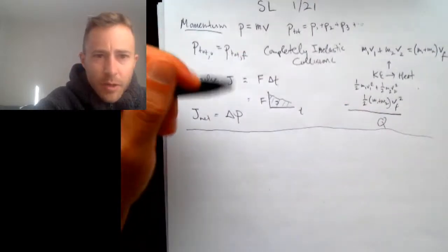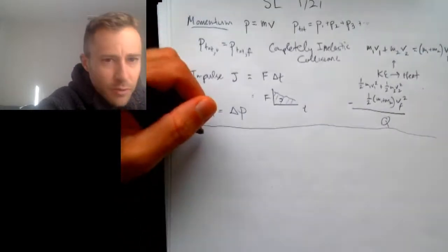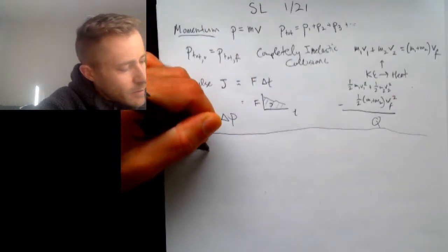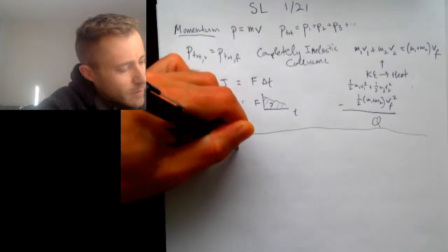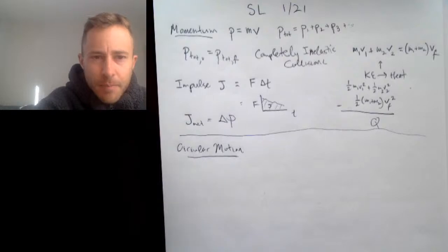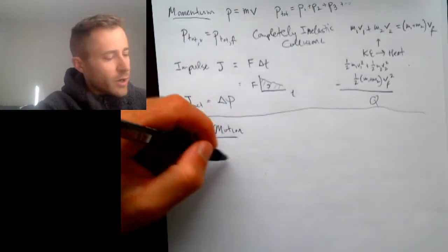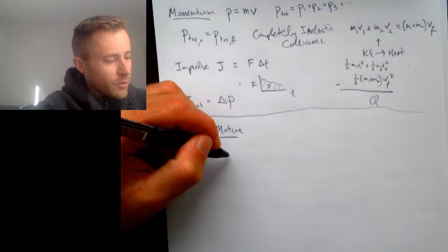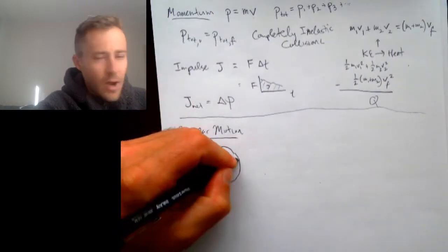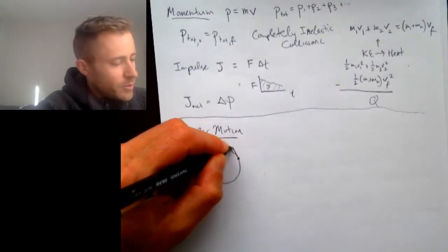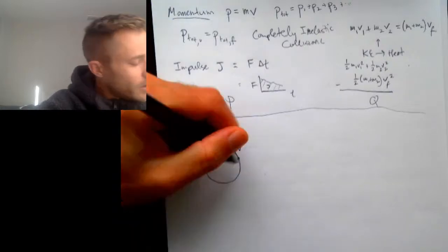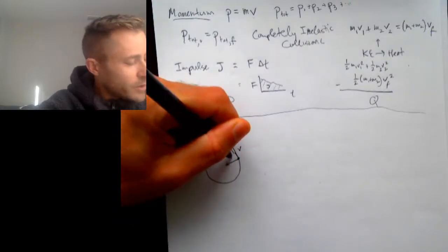Now, after momentum, I think we talked about circular motion. Okay. So when you're talking about circular motion, you have this object moving in a circle. The velocity of the object is tangent to the circle, and the acceleration points in towards the center.